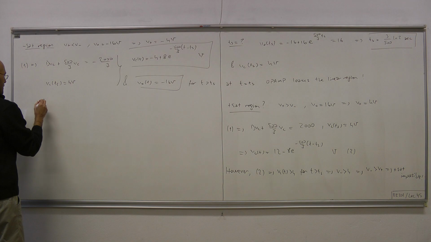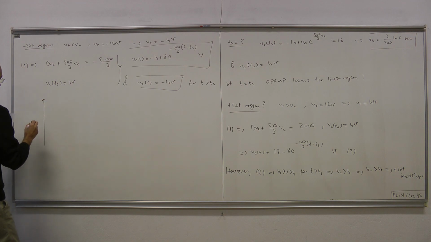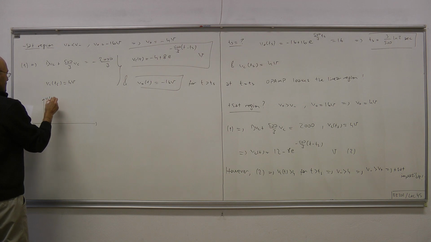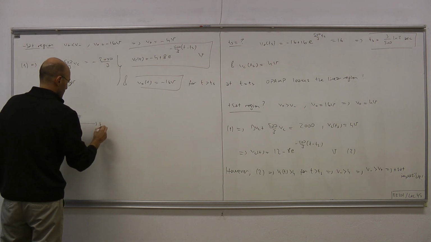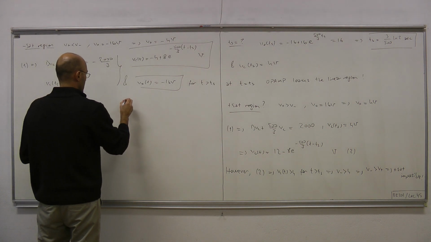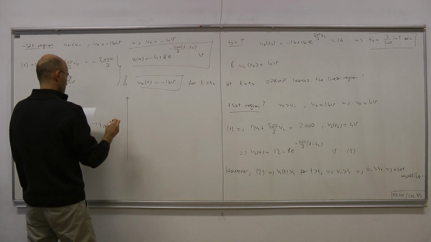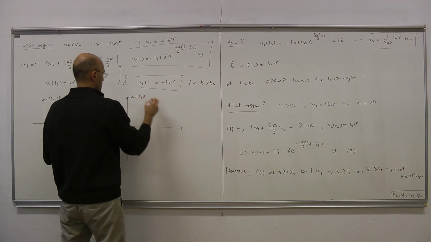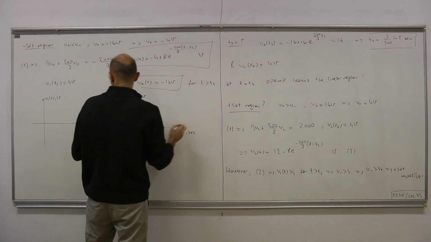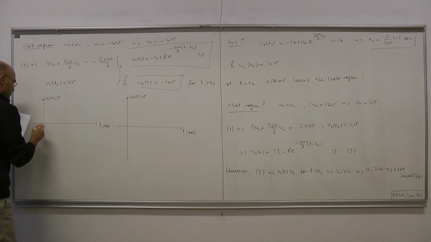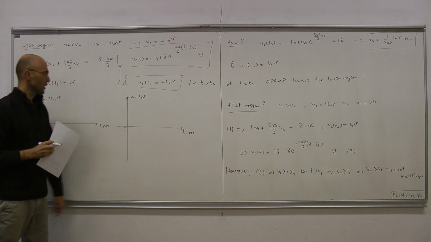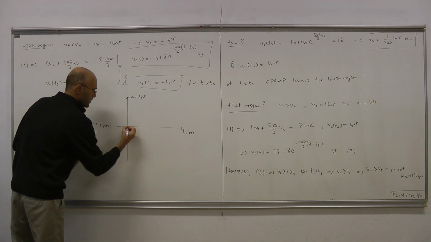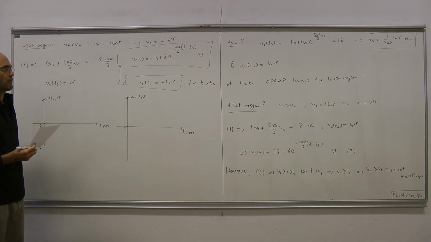So let's sketch what we have figured out. This is VC(t). And let this be the V out. So at time t equals 0, both start at 0.